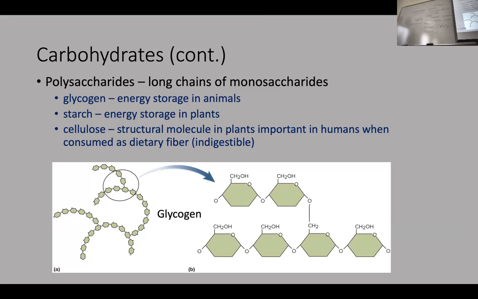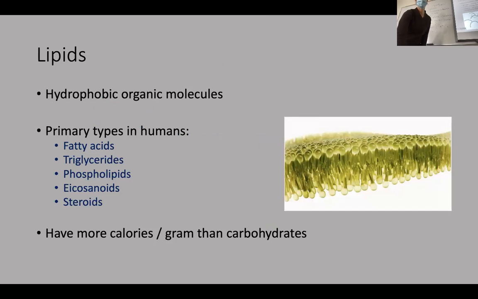And that's why cellulose can be important in our diets. So glycogen, starch, cellulose. Those are the three polysaccharides you want to know. That's all I have on carbohydrates. That's all you need to know about carbohydrates moving forward in here.